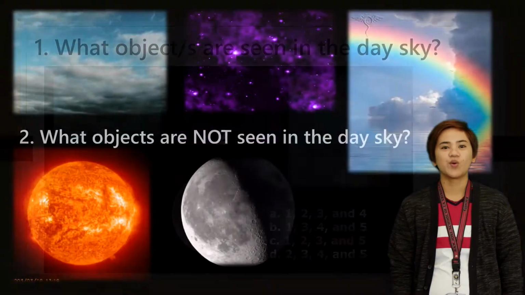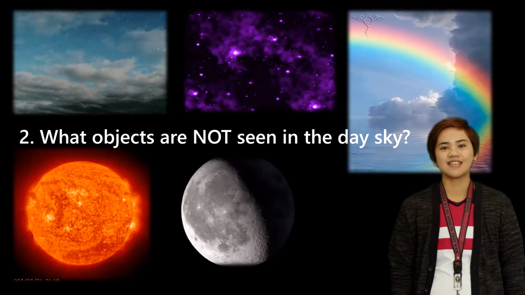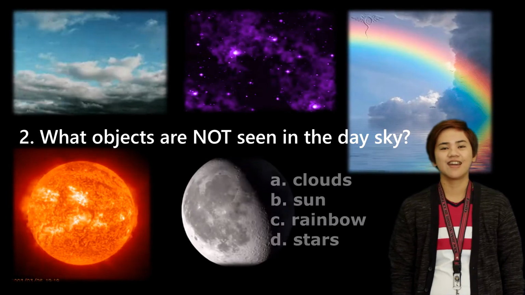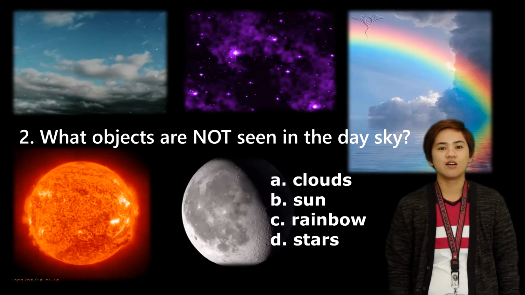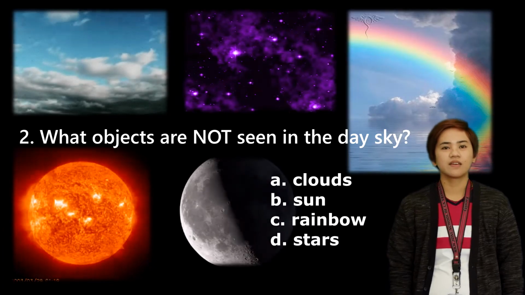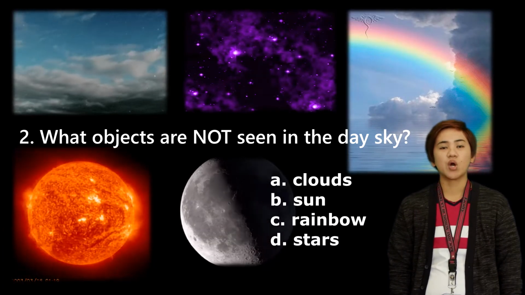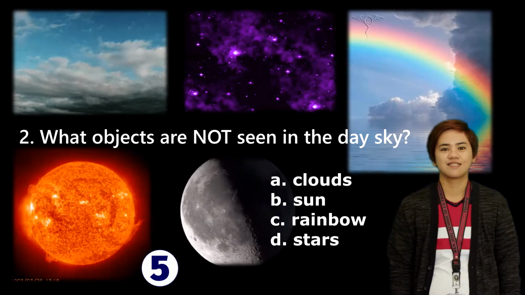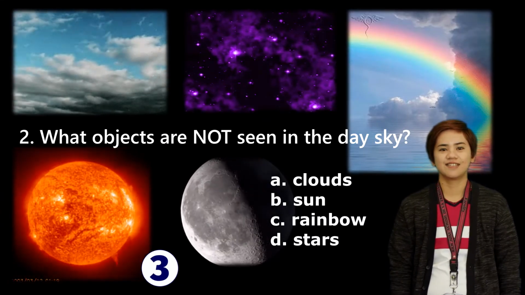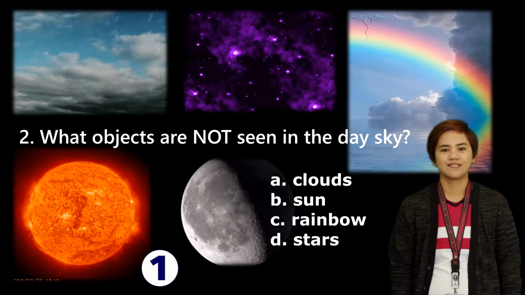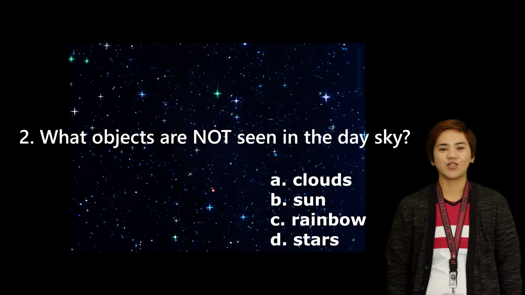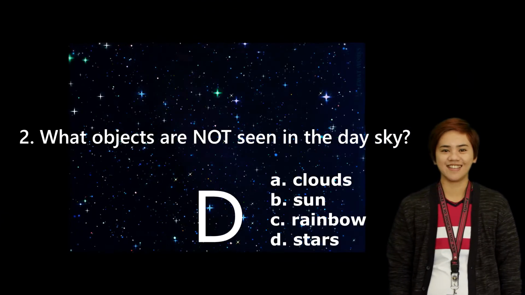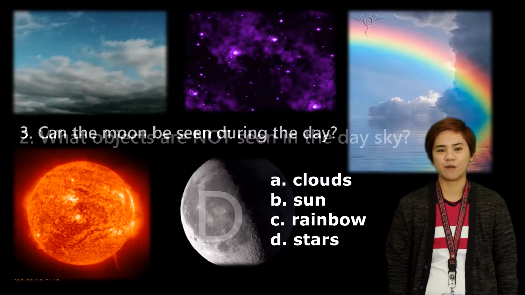Number 2. What objects are not seen in the day sky? A. Clouds. B. Sun. C. Rainbow. Or D. Stars. Yes, you are correct. It's letter D. Number 3.